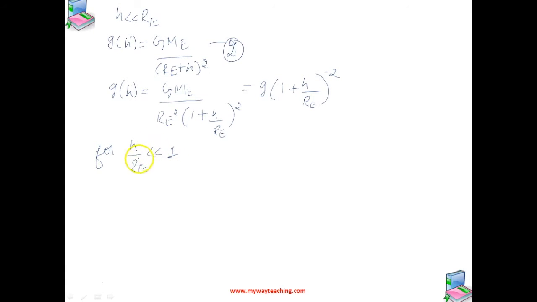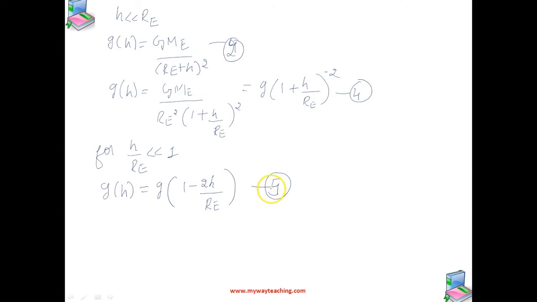We can use the binomial expression, then we get g of h is equal to g into 1 minus 2h divided by re. I can call this equation number 4, and this one equation number 5.